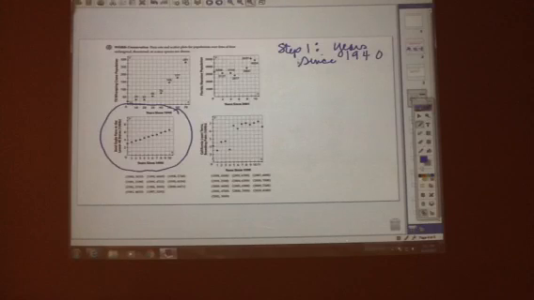Why did we choose that? Because it looks straight. It makes a straight line more than anything else. So it looks linear.